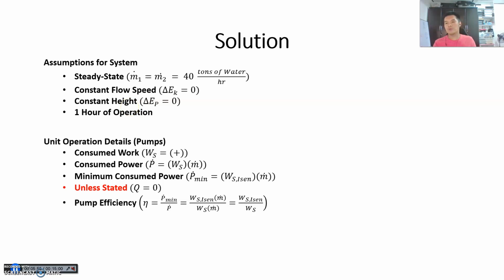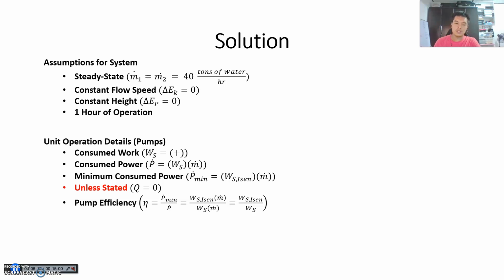Then, we need to also discuss the details of the specific unit operation. There are different unit operations such as turbines, pumps, compressors, and so on. For pumps, these are its specific details. Its work is consumed, meaning that electricity is needed for it to function. Without electricity, it will not work. Therefore, in a chemical engineering sense, the consumed work must be a positive value.